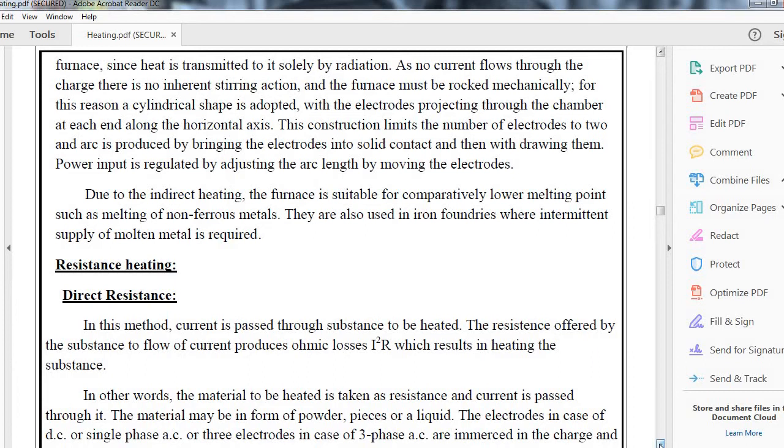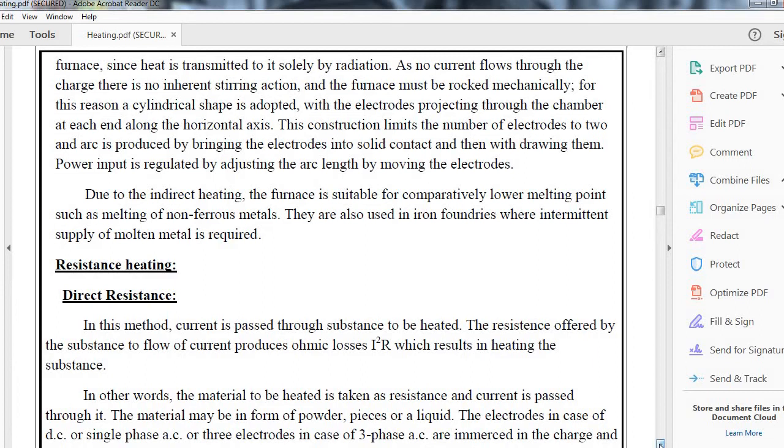As no current flows through the charge, there is no inherent stirring action, and the furnace must be rocked mechanically. This is the reason why cylindrical shape is adopted, with the electrodes projecting through the chamber at each end along the horizontal axis.